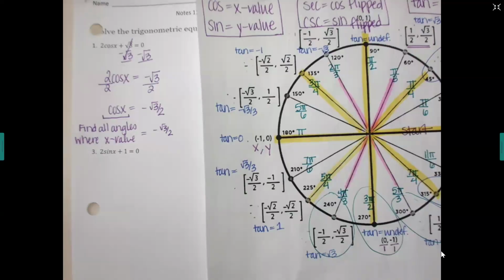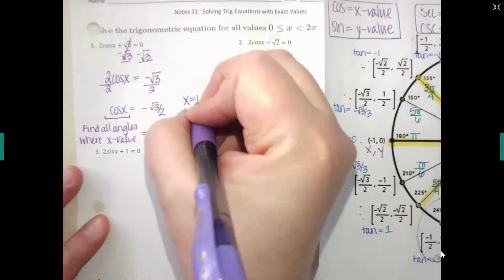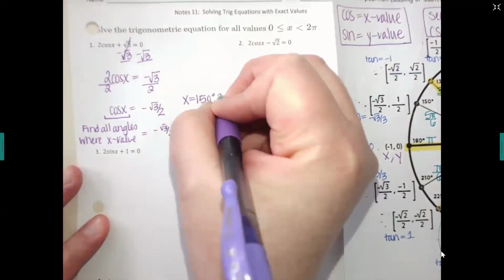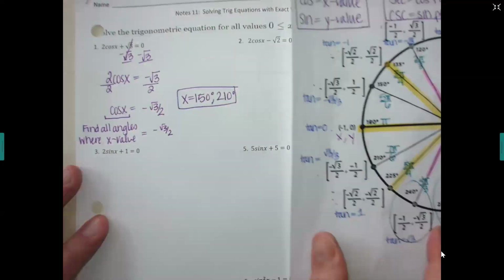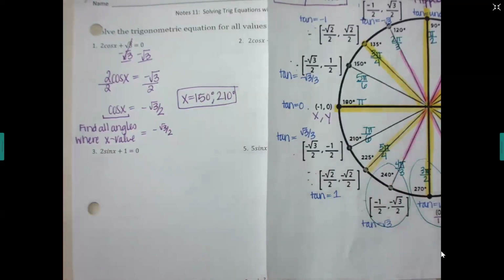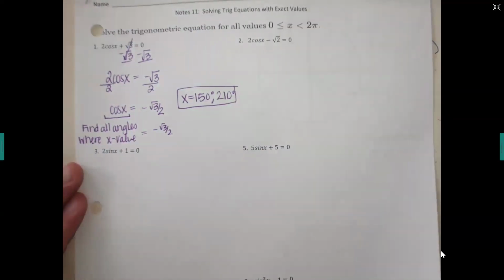And then it also happens right here at 210. So I'm going to put x equals 150 and 210. Now, quick question. Do I also want 240 where I see another root 3 over 2? Great.